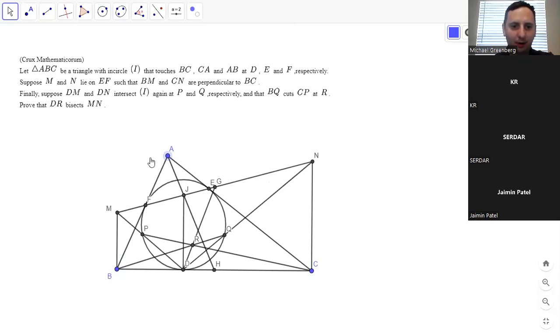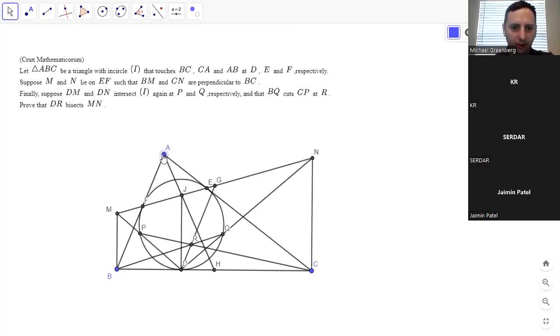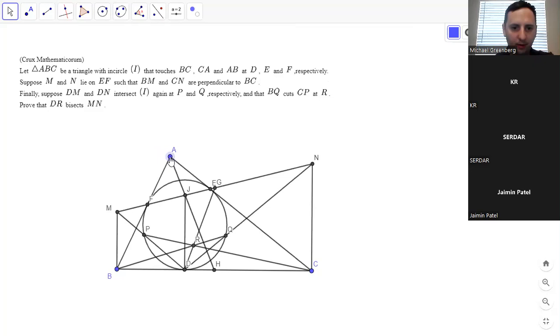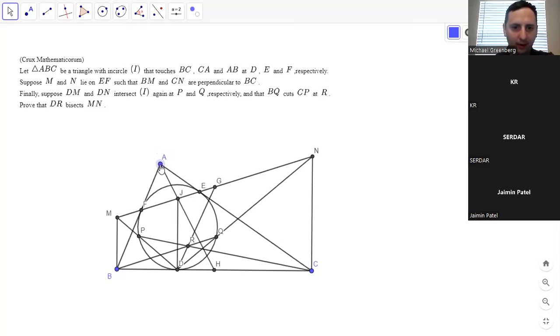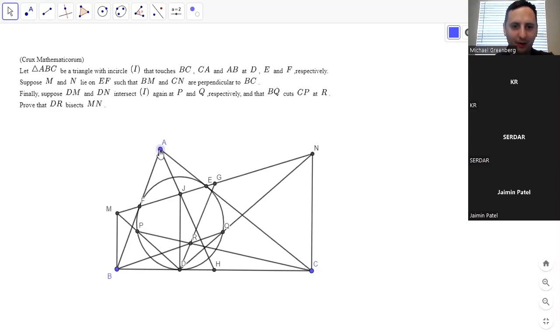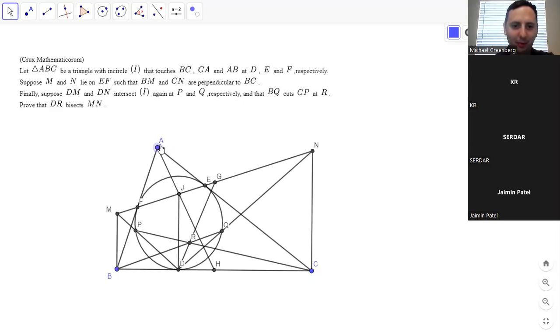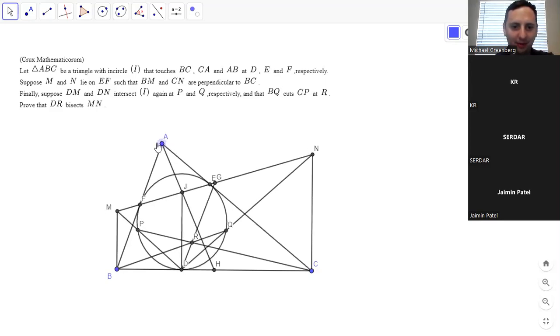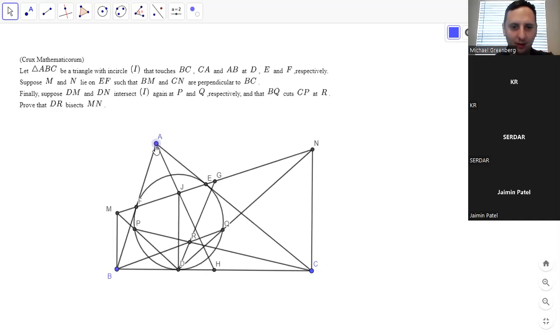I want E and G to be a little farther apart, but I also don't want to make it look like these three concur. So I'm trying to do both of those at once. I think that's good enough.